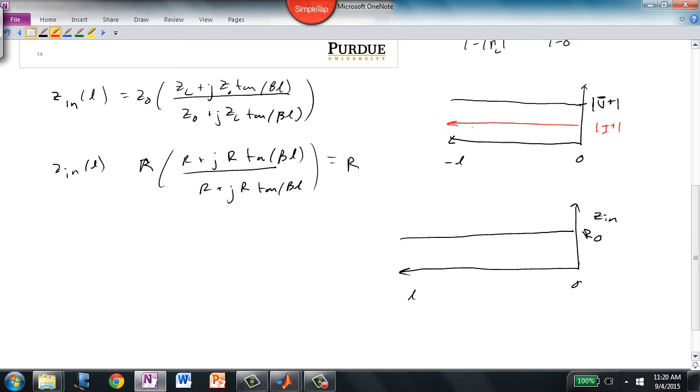It doesn't change as a function of distance along the transmission line. This is a pretty important finding because what we see is that the input impedance of the transmission line that's terminated in a matched load is constant along the length of the T-line and is equal to the characteristic impedance of the T-line. So it doesn't matter how long the transmission line is, it's got a constant impedance associated with it.